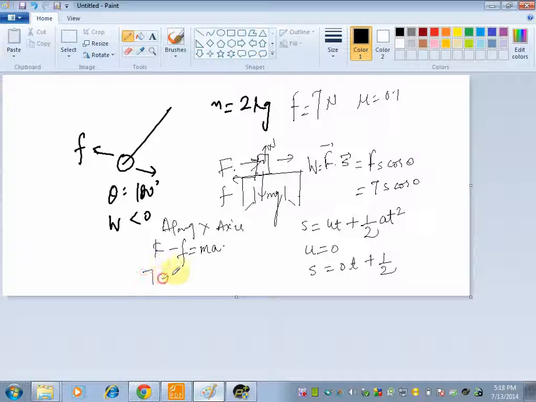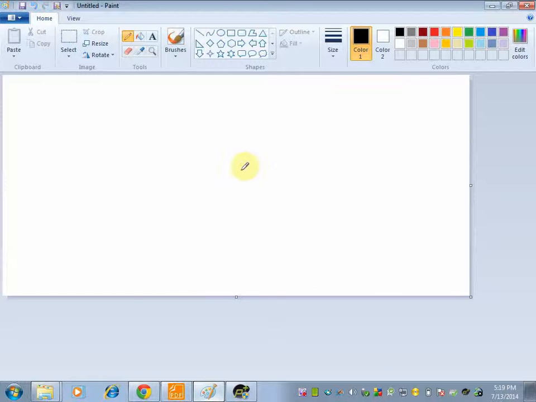Now this is F, this is mu into N again, so ma, and the object has a mass of 2 kg. But I don't have this N, mg. If I see along the y-axis, the object placed here faces friction and normal force. I am drawing this diagram again.